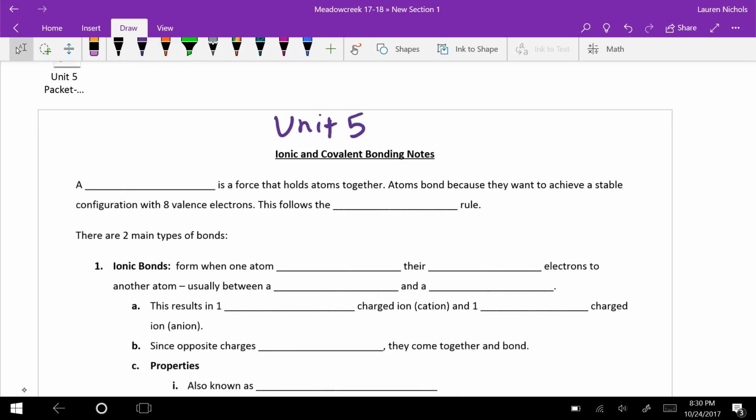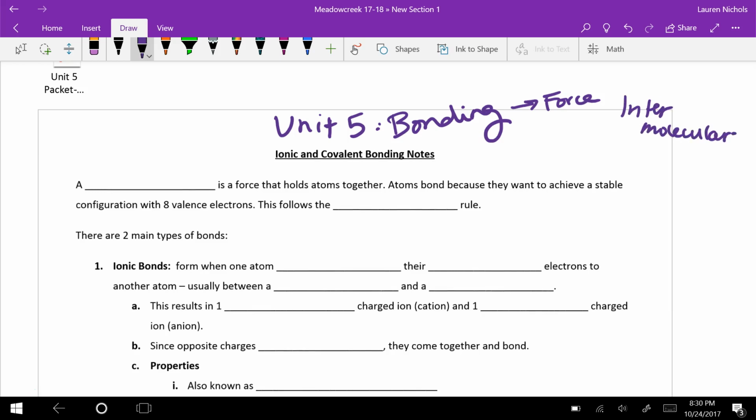So this unit is going to be all about bonding, and the way atoms bond together in order to become more stable. Bonding is another word for a force that combines two things, and there's going to be two types: intermolecular forces and intramolecular forces.